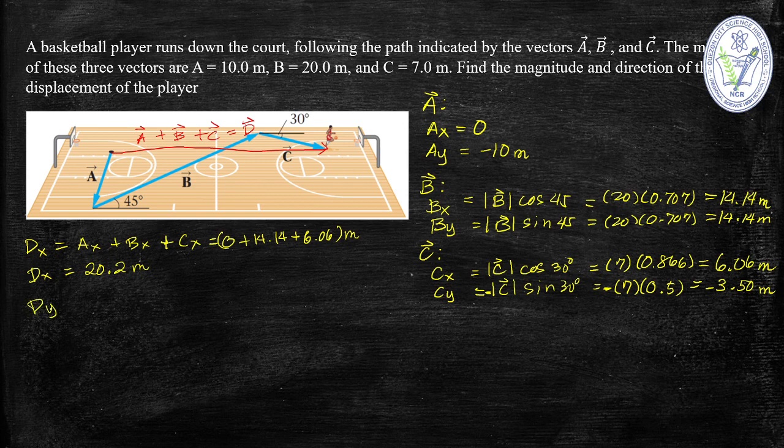Now for the y component, it's Ay plus By plus Cy. So that would give us negative 10 plus 14.14 plus negative 3.5 meters.